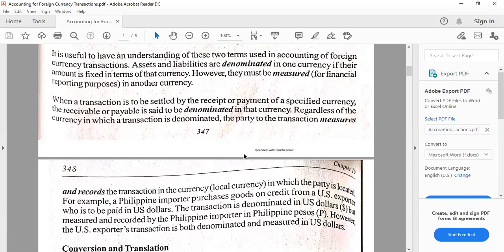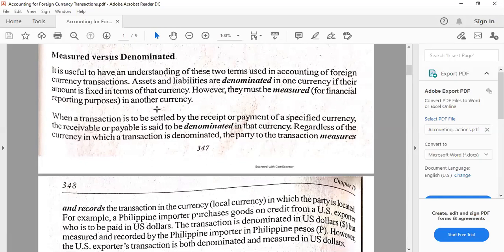If both denominated and settled in Philippine pesos, clearly that's a Philippine-based transaction, not a foreign currency transaction. Or if it is stated in US dollars but to be paid in Philippine pesos, that's not a foreign currency transaction.